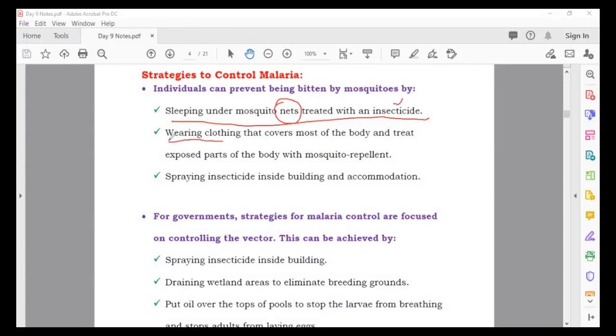Now they're saying wearing clothing that covers most of your body, and treat exposed parts of the body with mosquito repellent.